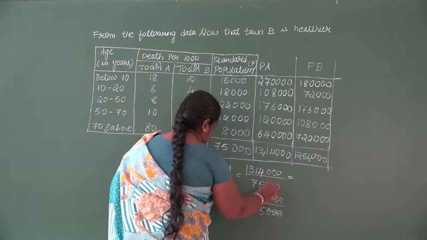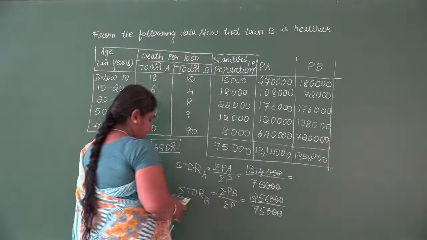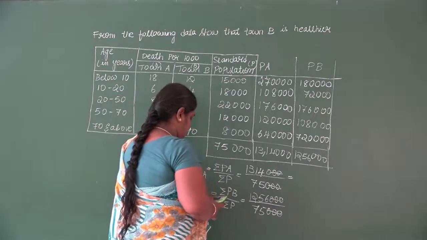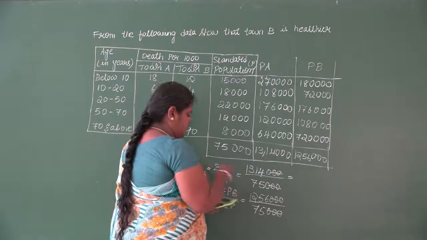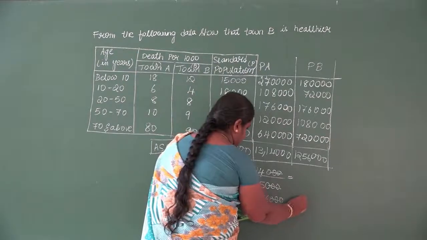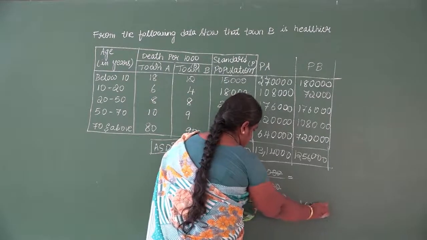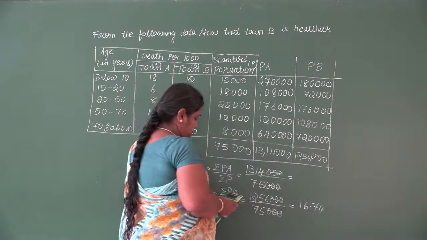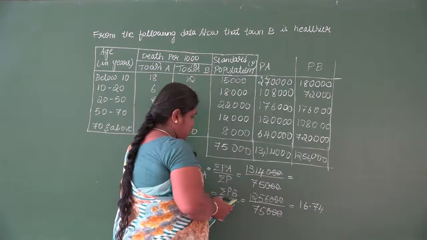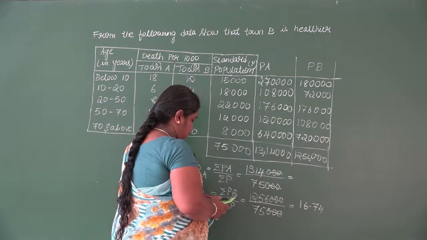So you can cancel the zero terms in both, then just divide it. So 12,56,000 divided by 75 will get it as 16.74. Similarly 13,14,000 divided by 75,000 will get it as 17.52.